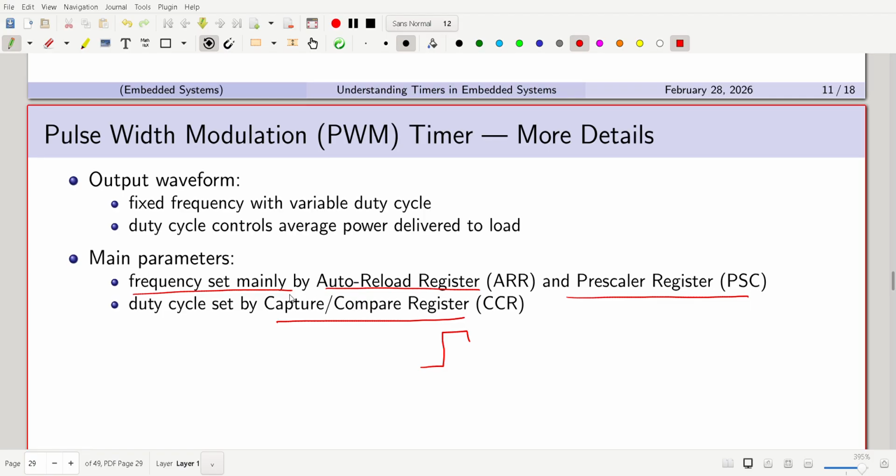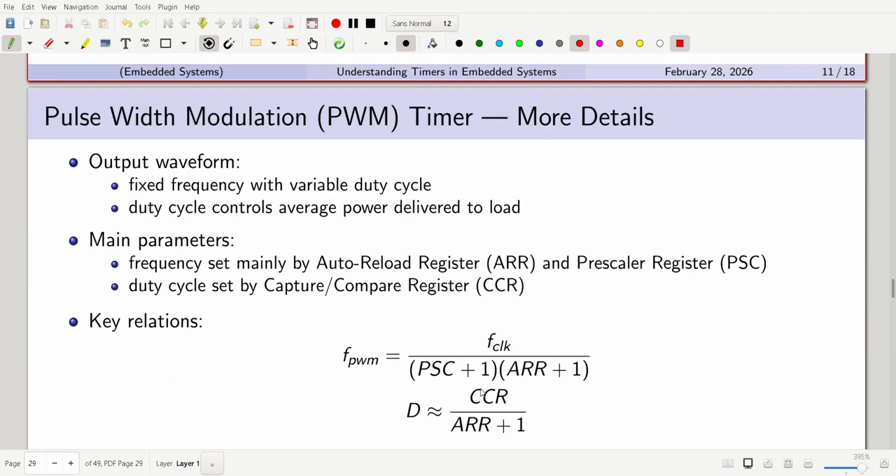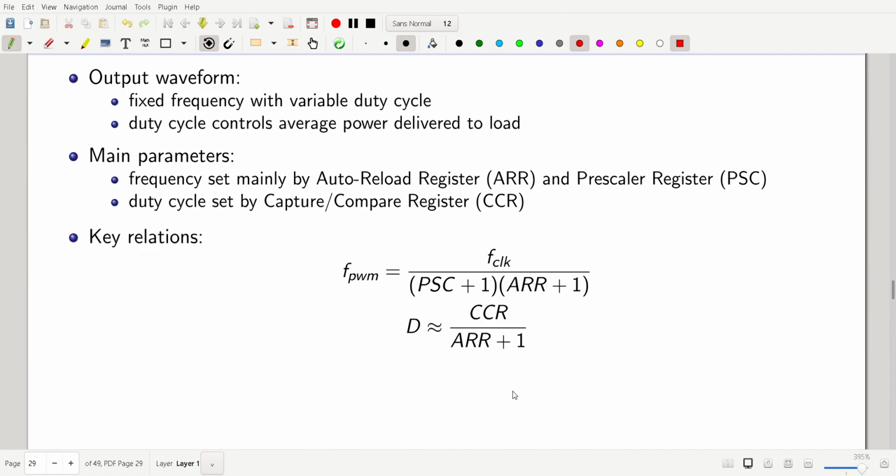The key relation for deciding the PWM frequency is the clock frequency divided by PSC plus 1, the prescaler value plus 1, times the auto reload register plus 1.